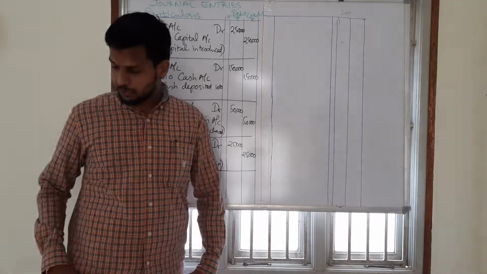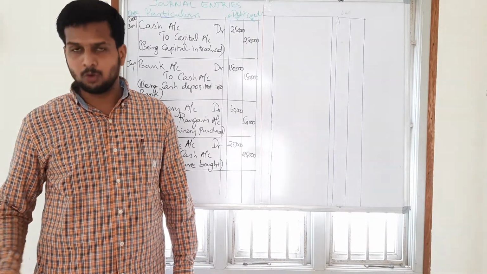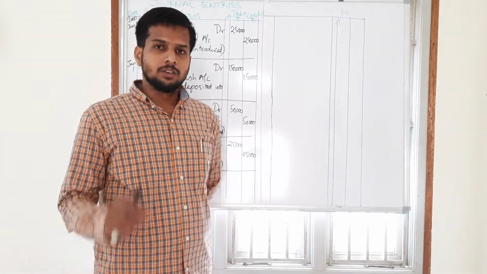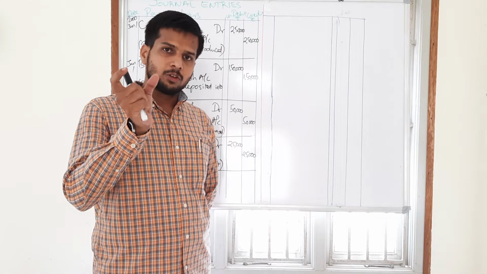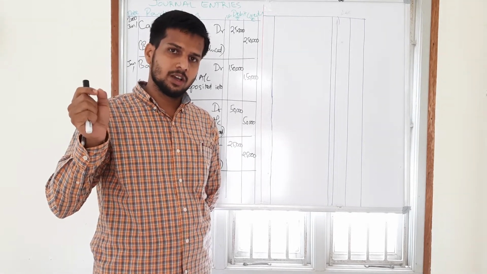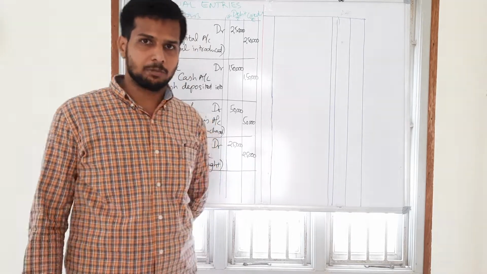Okay, the next transaction is goods sold to Yashoda. If the transaction is just goods sold for rupees 5,000, it signifies there is no credit and the transaction took place on a cash basis.